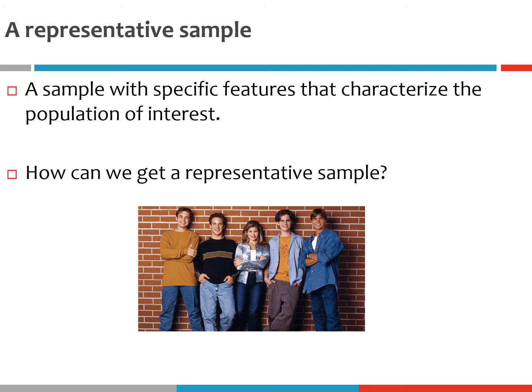So maybe older students who are taking classes while working a full-time job, or students with different family obligations, maybe a spouse and children, things like that, right? So we want to make sure that our sample is representative of all of the different characteristics that we would find in our population.